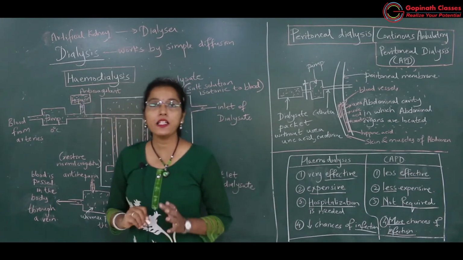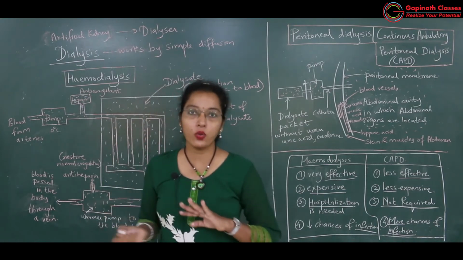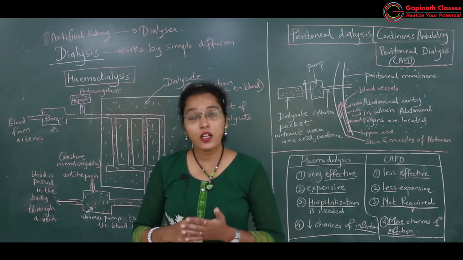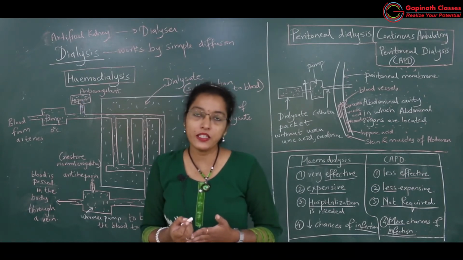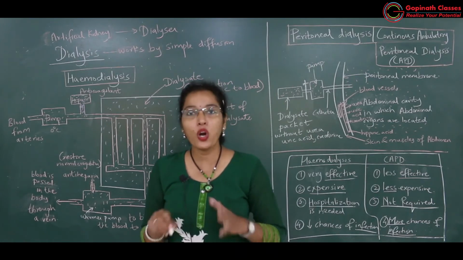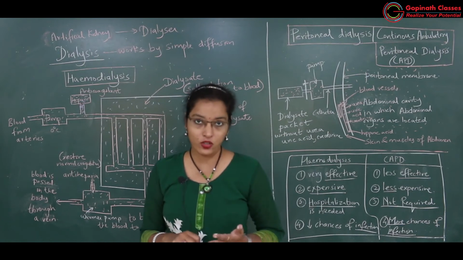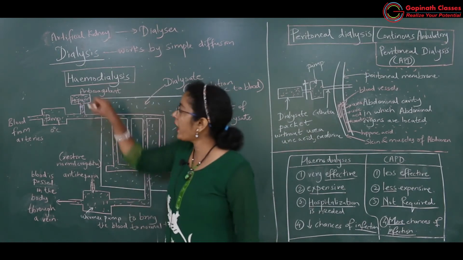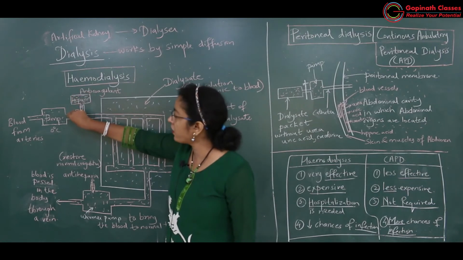What is heparin? It is an anticoagulant. When the blood comes out from the blood capillaries, what will happen? Blood will get coagulated, meaning a blood clot will be formed. But we don't want the blood to clot, so to avoid coagulation we are adding heparin to the blood.